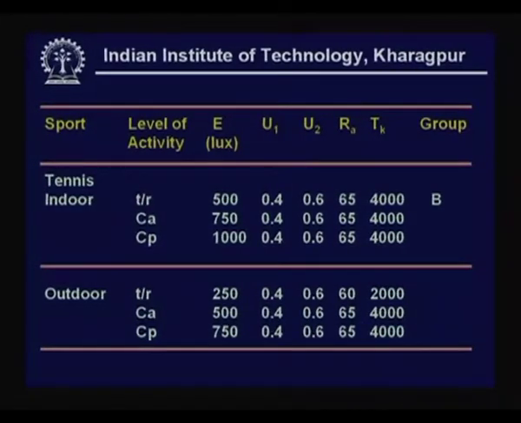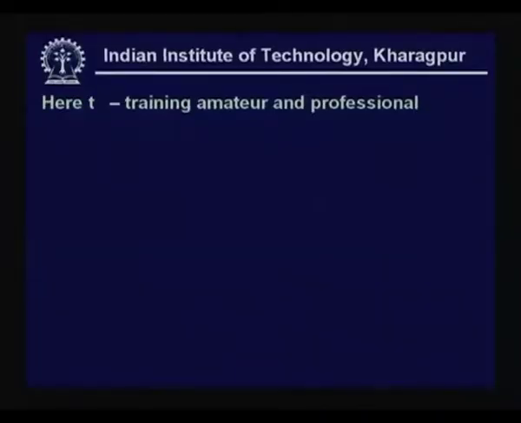Outdoor is varying from 250 to 750, and more or less around 0.4 to 0.6 uniformity indices appear to be all right. Most of these we have seen as per the recommendations. A Ra of 65 and color temperature of 4000 appears to be adequate.